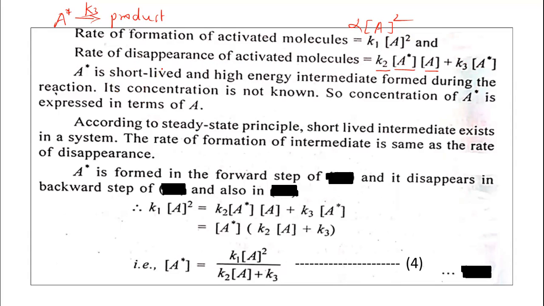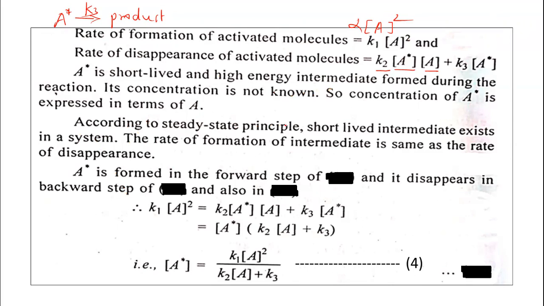So according to the steady state principle, when a short-lived intermediate exists in a system, the rate of formation of the intermediate is the same as the rate of disappearance.